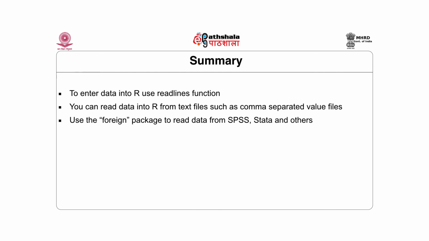You can use the scan function to read a file directly from the console. You will see later, when we talk about the foreign packages, that scan has another intelligent and clever use: reading files from Excel spreadsheets, for example, and from the clipboard. And if you want to read really foreign files, which we will be discussing later on, you can use the foreign package to read data from SPSS, Stata, and other software.